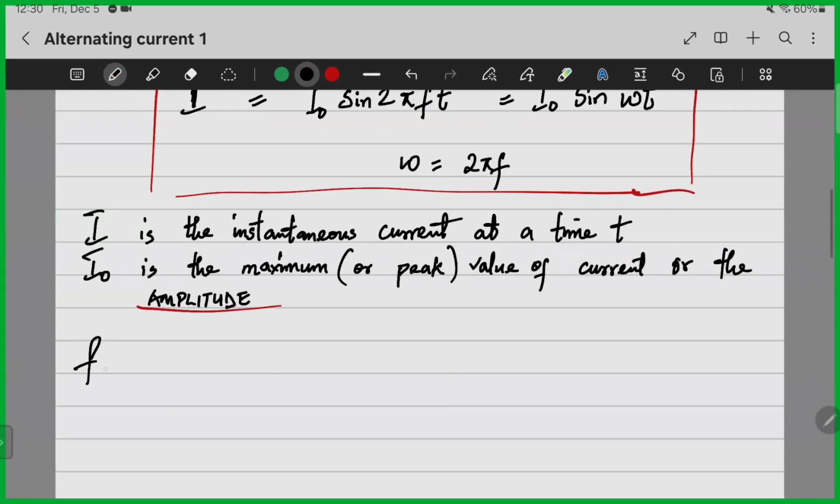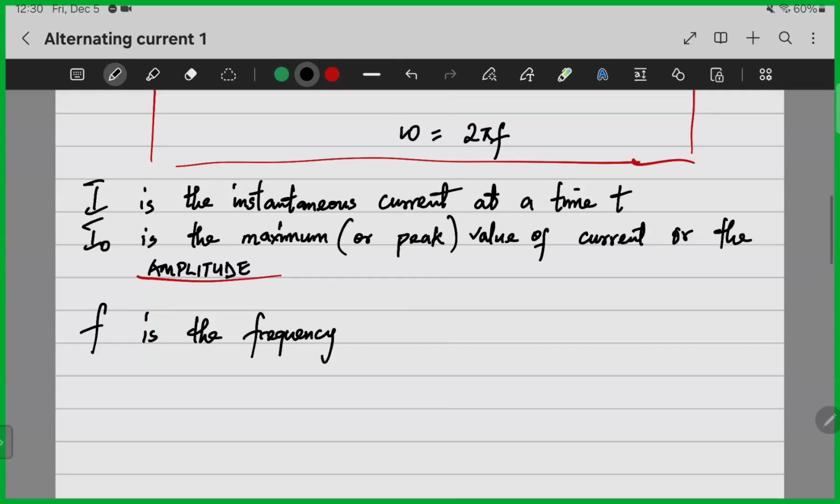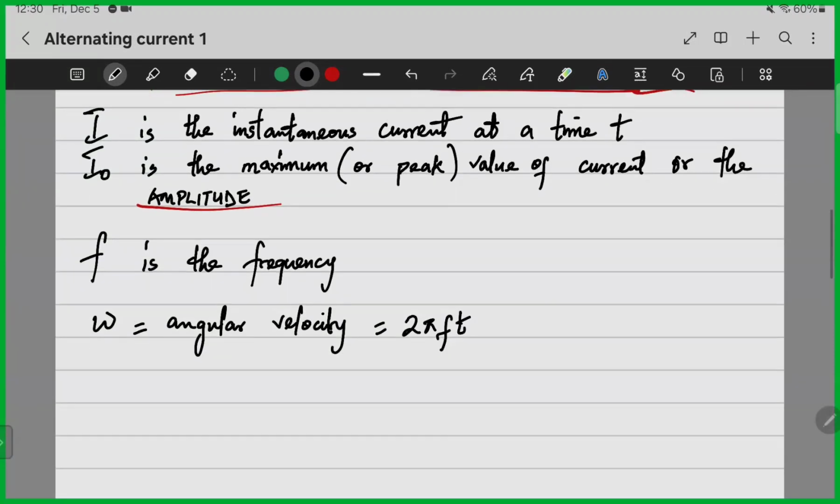We often know F. F is the frequency. That's common knowledge. And then W, in this case we call it omega, is angular velocity. That W, like we said earlier, is equal to 2 pi f. While the Wt itself together is the phase angle.